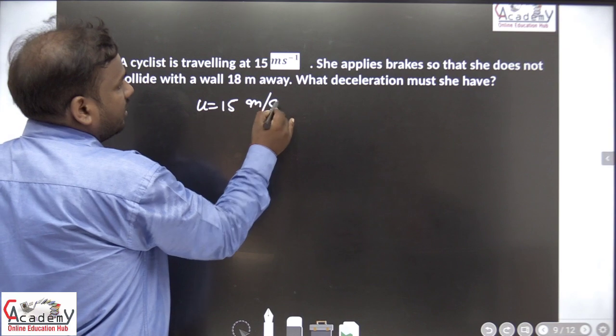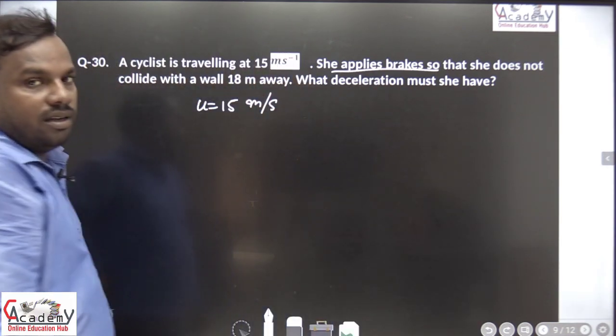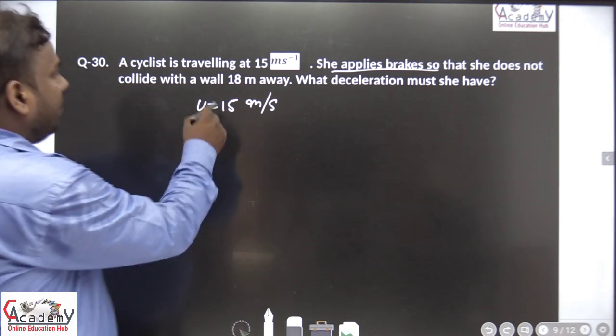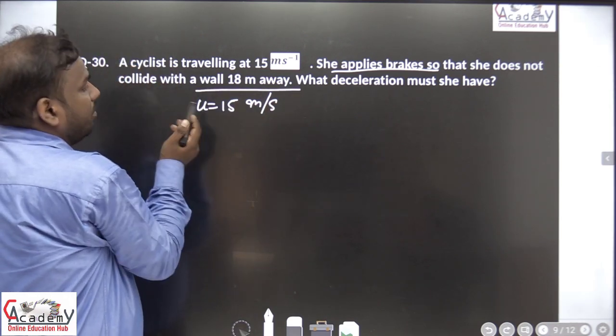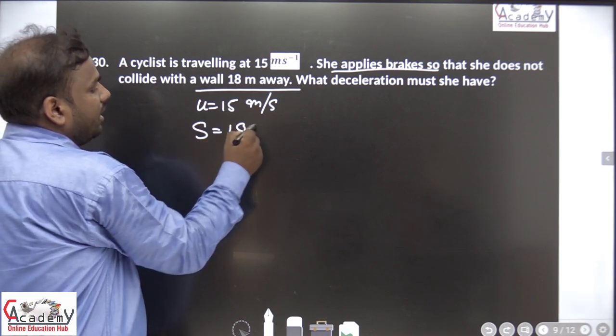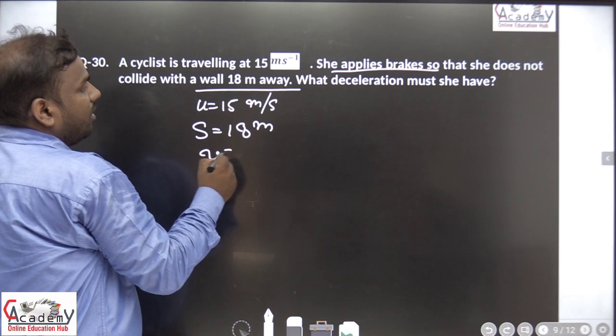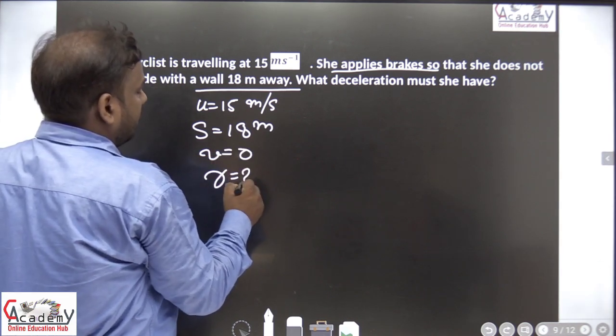She applies the brake, means retardation is generated here. Collide with the wall 18 meter away. She does not collide, means final velocity is 0, and s is equal to 18 meter. Final velocity is 0. We have to find the deceleration, means the retardation.